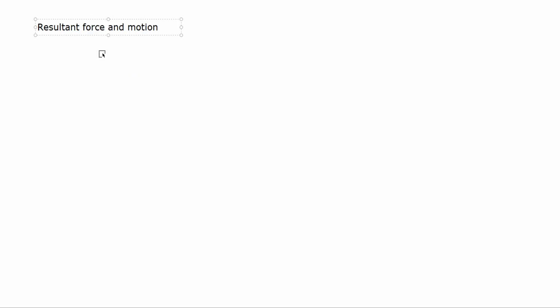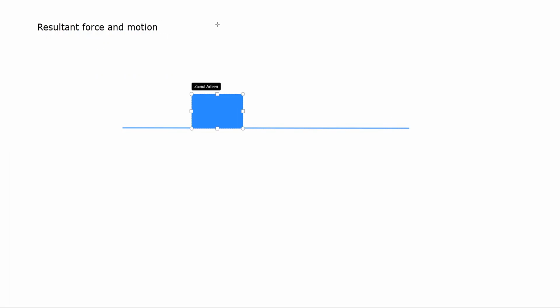So resultant force and motion. An object is there. This is an object, and the object is initially at rest. So this object in the beginning was at rest.